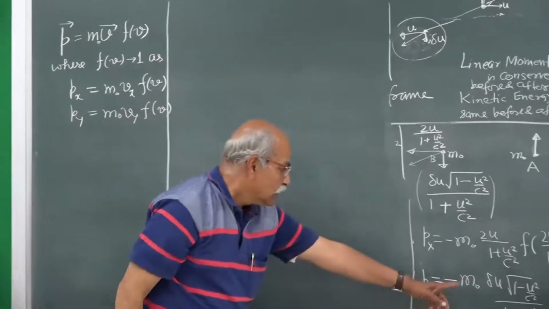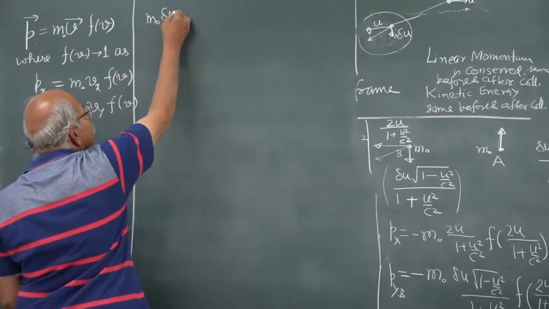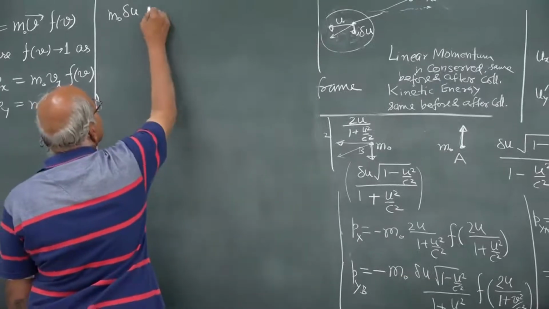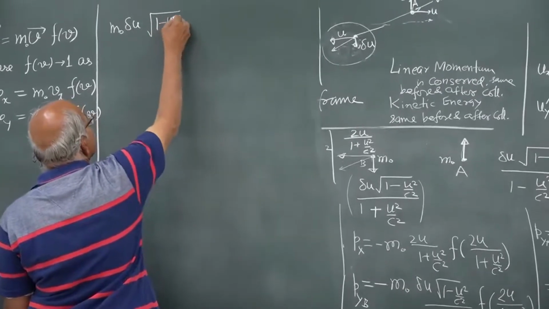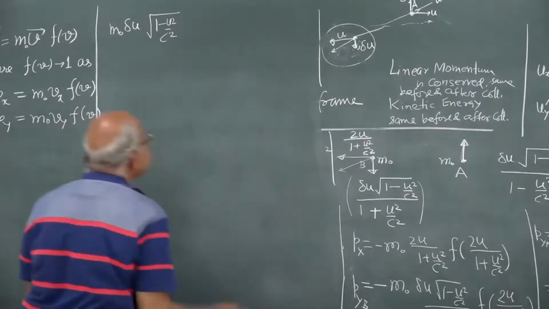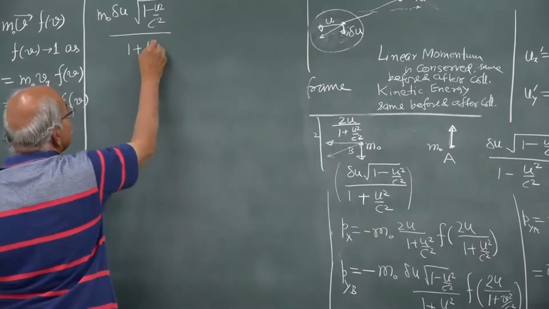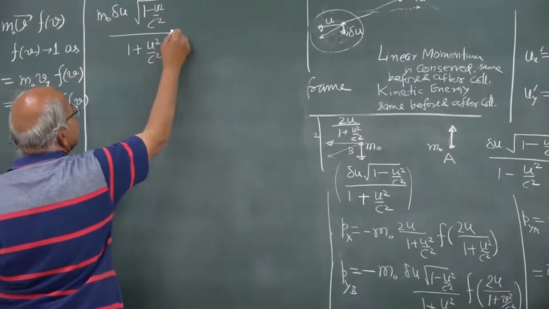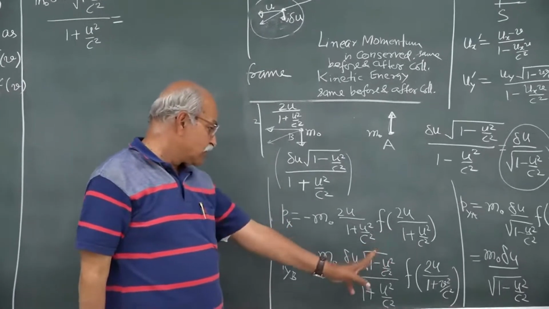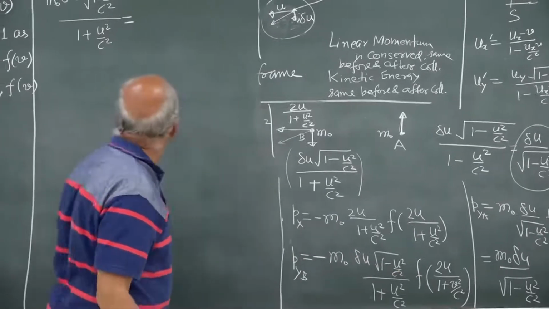So m naught delta u square root 1 minus u square by c square divided by 1 plus u square by c square, and to make total Py 0, this should be equal to, no, this f is also there.